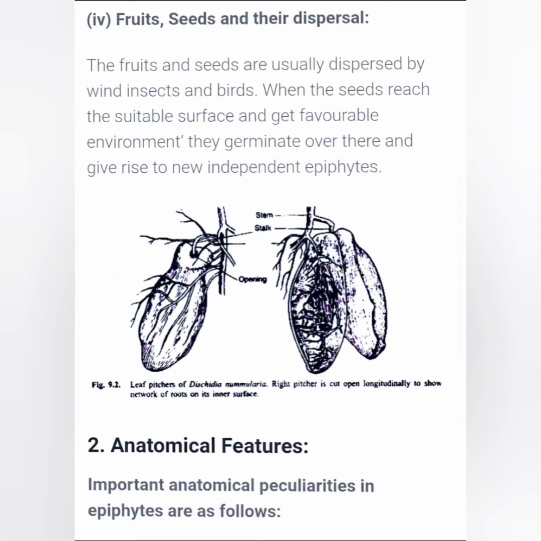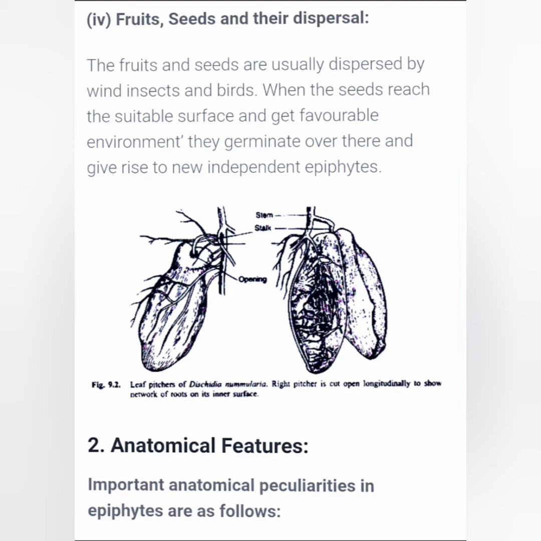Now coming to the fourth type of morphological adaptation, which is fruits, seeds, as well as dispersal. Now the fruits and seeds are usually dispersed by either wind, insects, and also by the birds. Now when the seeds reach a suitable surface and get a favorable environment, they will germinate over there and give rise to a new independent epiphyte.